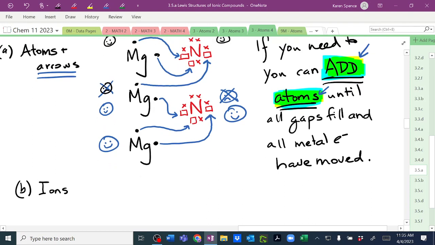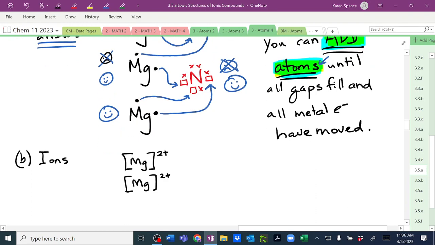You can draw it like this: Mg 2 plus, Mg 2 plus, Mg 2 plus, and 1, 2, 3, 4, 5, and 1, 2, 3, 4, 5.